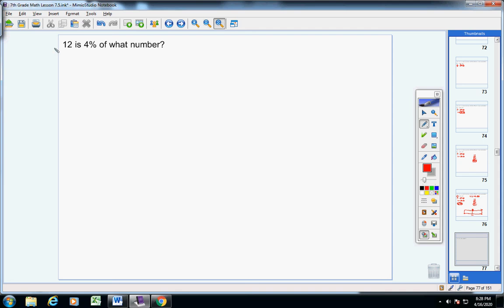So the first number I see is 12, so I'm going to put a 12, and then is equals. Now, guys, for 4%, don't put 4. 4% with a decimal, move it 2 places. If you put 0.4, that's wrong. 0.4 is 40%. Okay, 4%, move the decimal 2 places: 0.04.